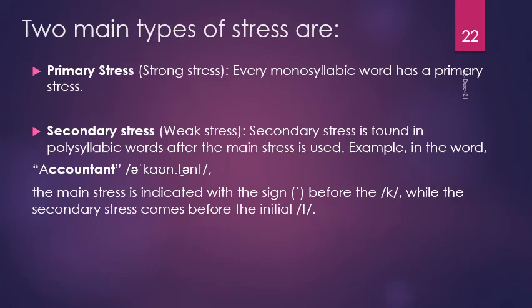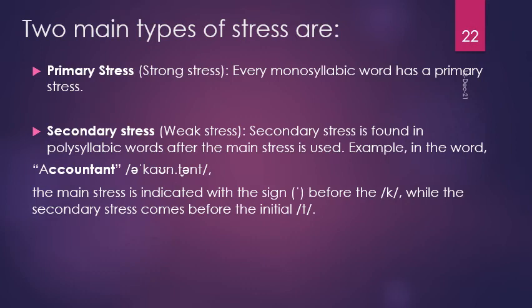There are two main types of stress: the primary stress and the secondary stress. The primary stress is also called strong stress. Every monosyllabic word has a primary stress. Secondary stress is also known as weak stress.